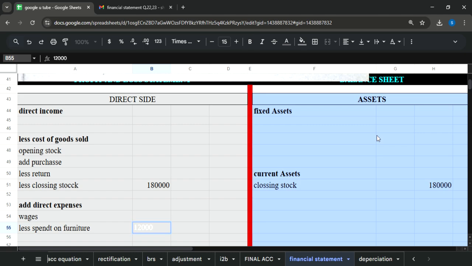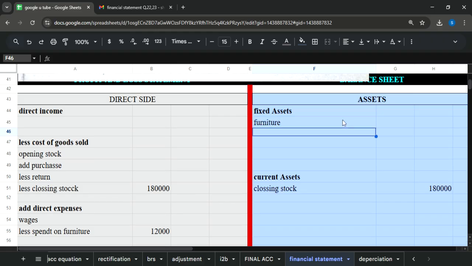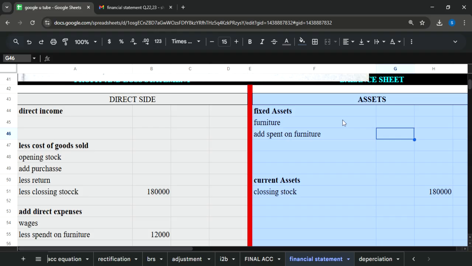So the first effect is completed, then you will go to furniture, and since this is actually related with furniture, which was not added, now we will add spent on furniture, and the amount was 12,000.